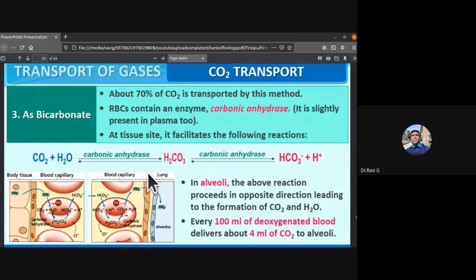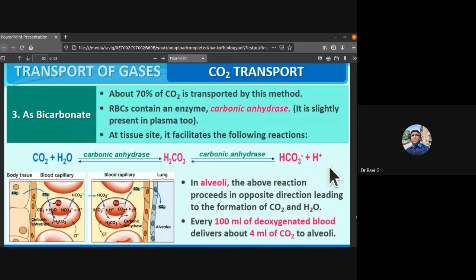This carbonic acid, again in the presence of carbonic anhydrase, is broken down into bicarbonate ions. So about 70% of carbon dioxide is transported as bicarbonate ions. Carbonic anhydrase is also present in plasma in a very small quantity.